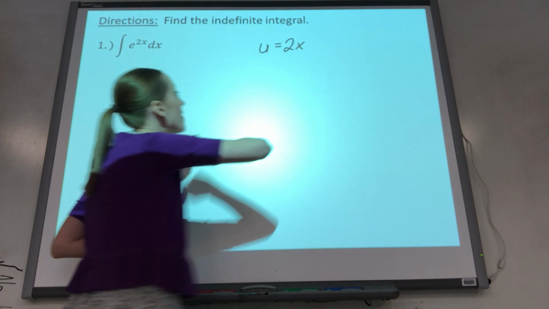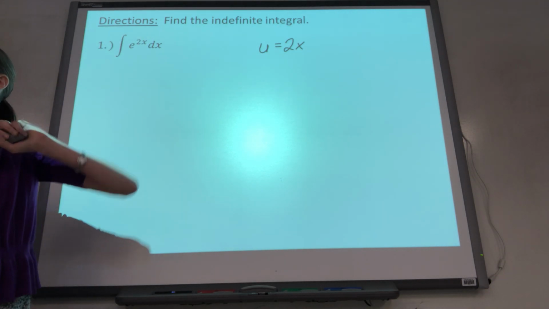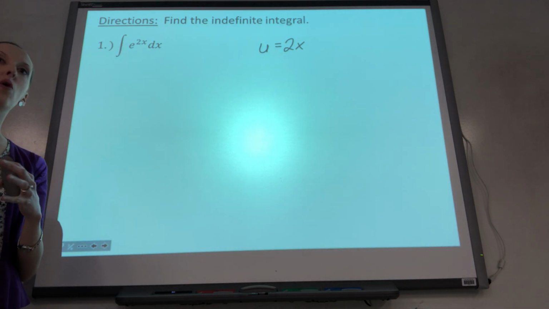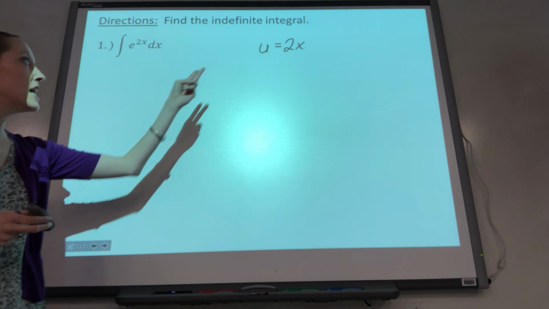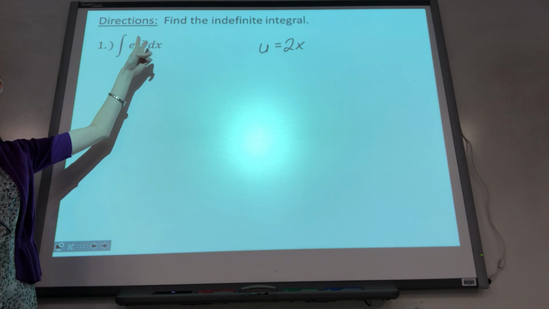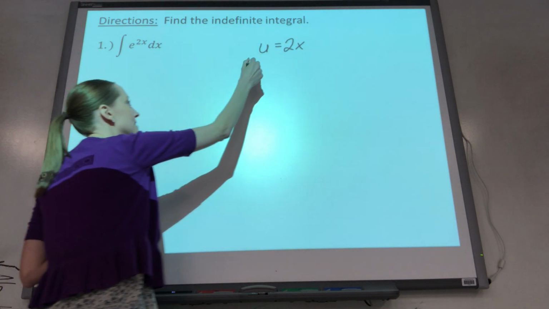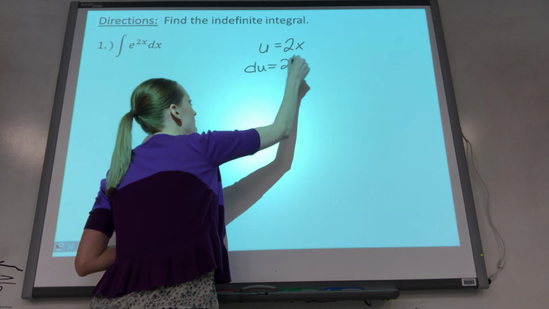I'm saying that u is 2x here. You'll find that that's true on a lot of these problems. U is usually the exponent. Whatever is your exponent with e, most of the time, that's what u is.